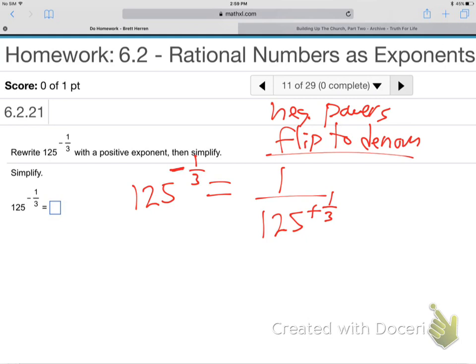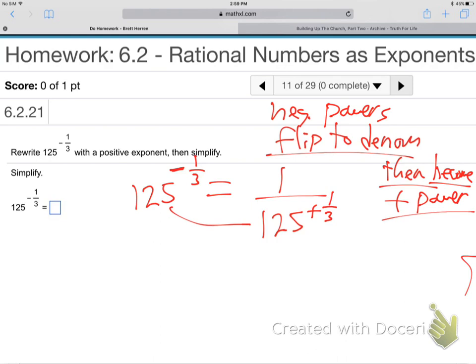Negative powers, do you remember the rules for? So we have two different rules going on now that you got to keep straight. Negative powers flip things to the denominator, then become positive power. Tracking with me? So that negative power flips it to the denominator and then becomes a positive power.